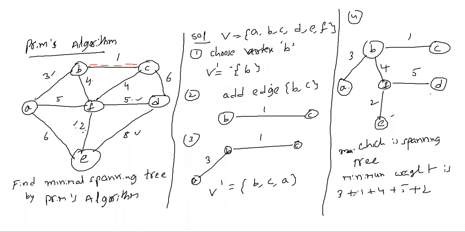How much is its value? 4 plus 1, 5, 10, 15. So minimum weight is 15. So this is Prim's algorithm to find the minimal spanning tree.